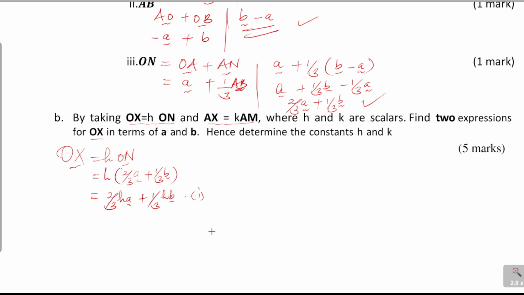So that is the first expression of OX. Now in the second expression, we must use AX. So how do we get OX and ensure that we utilize this vector AX? Let's go to the diagram. You want to move from O to X and ensure that you use AX.